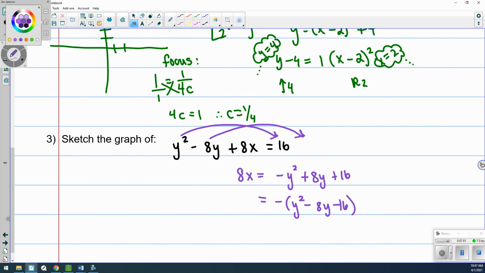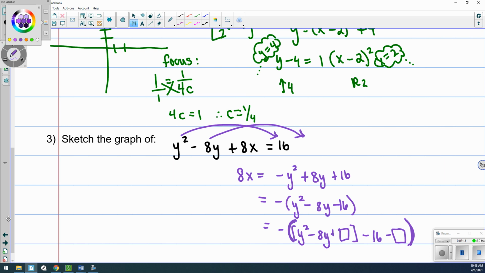Okay, then I'm going to keep working inside of here. I've got y squared minus 8y. I'm going to add a square. And then I have this negative 16 just hanging out, and I'm going to subtract a square. And then that closes that set of parentheses. So just to exaggerate, I'm working inside that set of parentheses.